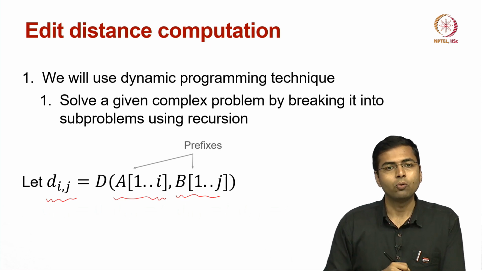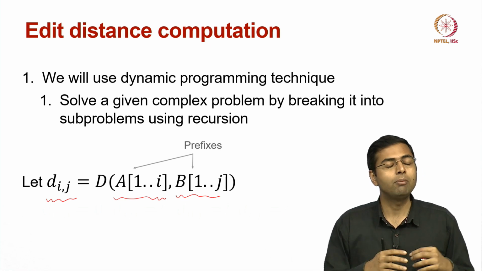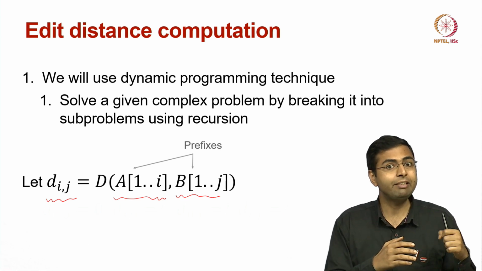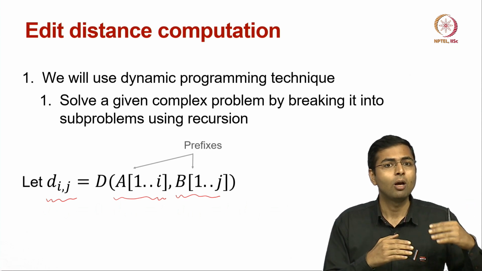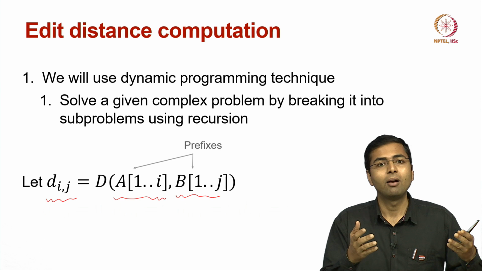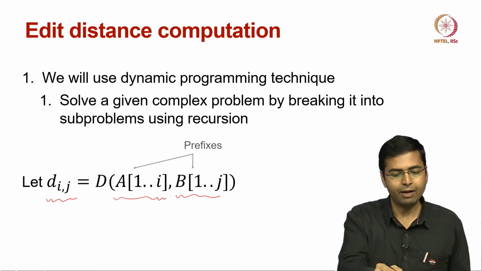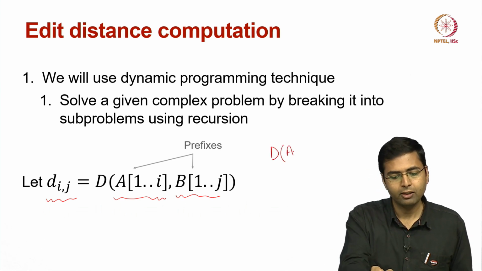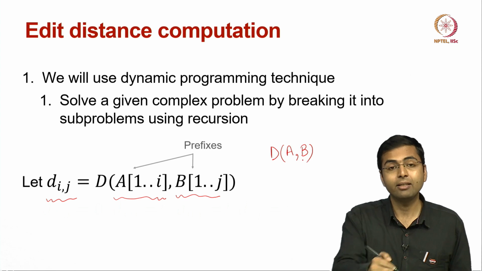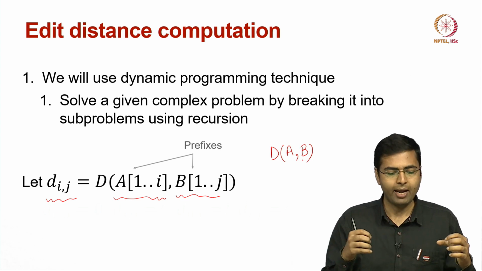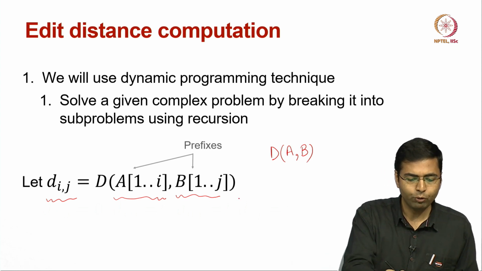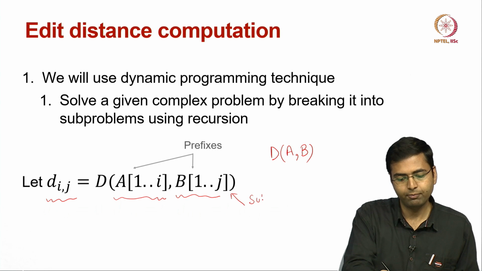Now I am solving this subproblem, and I want to see whether solving it will help me solve the main problem, that is, the edit distance between the complete sequences A and B. We will solve them using these subproblems.